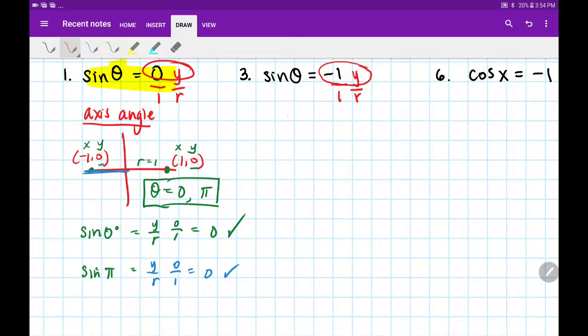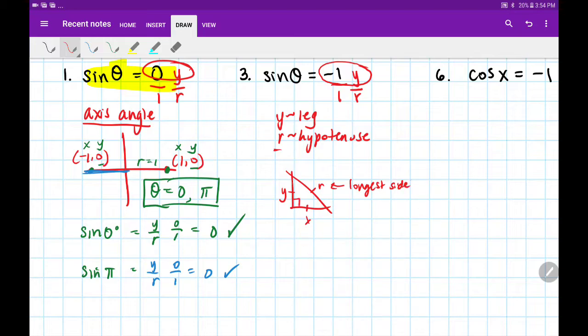Well, this is not going to be a triangle, and here's why. Since y is the leg and r is the hypotenuse, the hypotenuse in a right triangle is always the longest side. That's by definition, right? So it's impossible to have a right triangle whose hypotenuse is the same length as the leg. It's got to be longer.